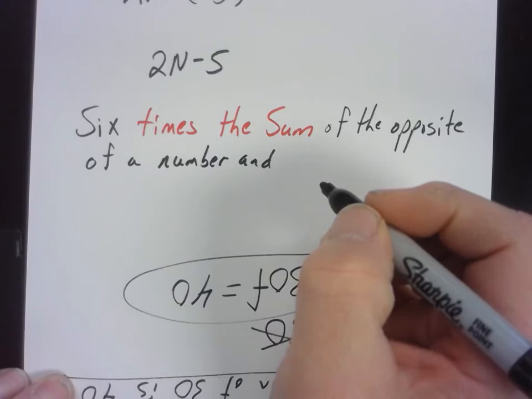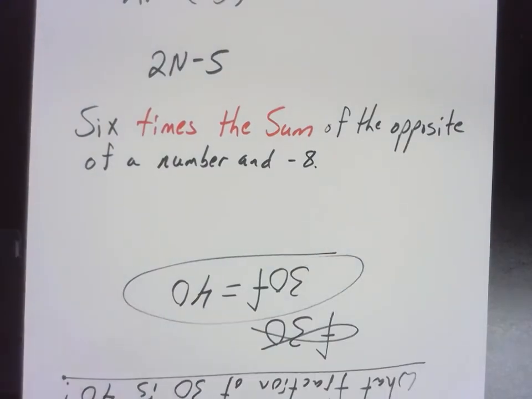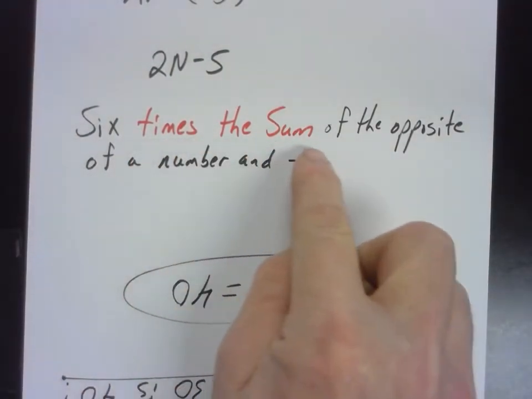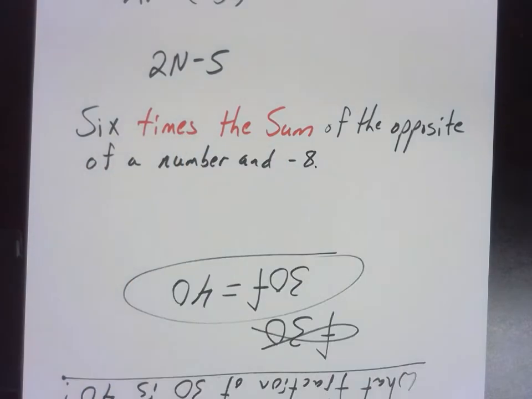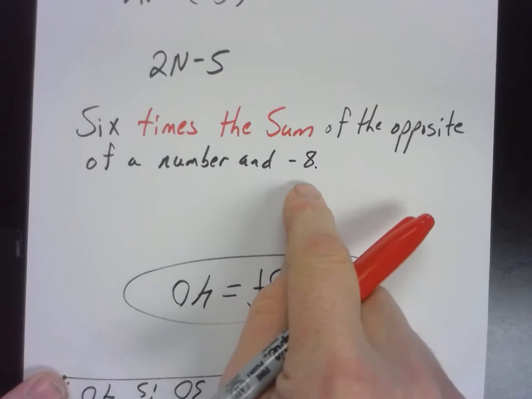Negative 8. We'll do that. This times the sum, this particular phrase right here. Whenever you see that, you have to think, okay, distributive property. I have to multiply 6 by the entire sum, not just by the opposite of the number, not just by the negative 8, but by the whole sum.